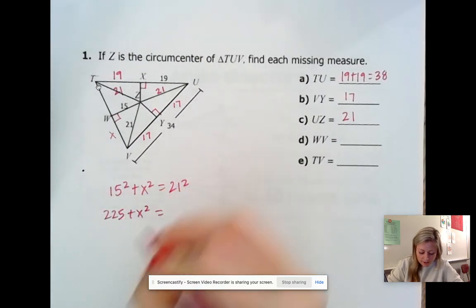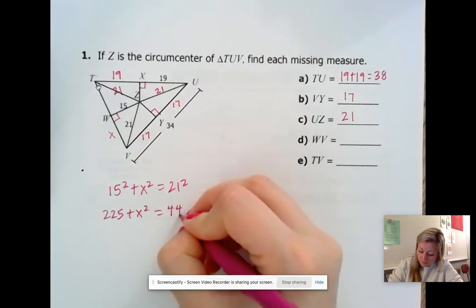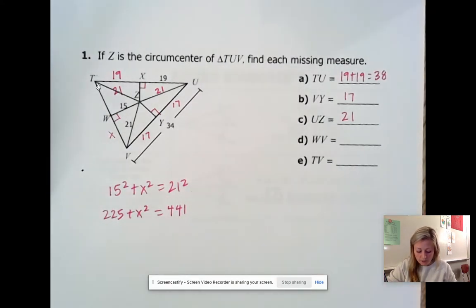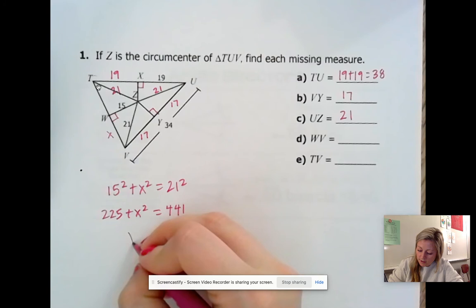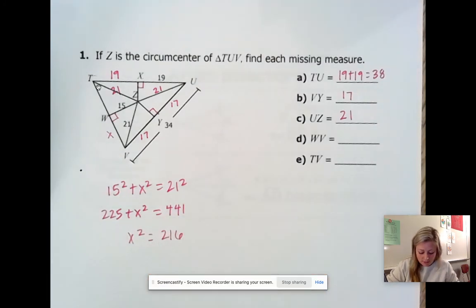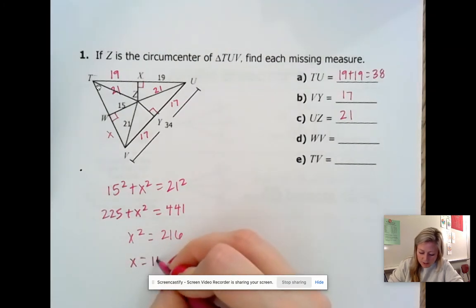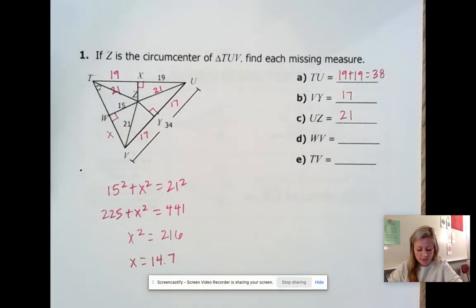X squared, I do not remember what 21 squared is. 441. Subtract over our 225. X squared equals 216. Take the square root. X equals 14 point, well, approximate to 1 decimal point, 14.7.